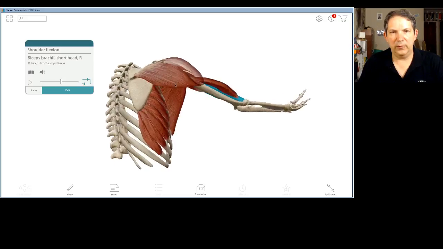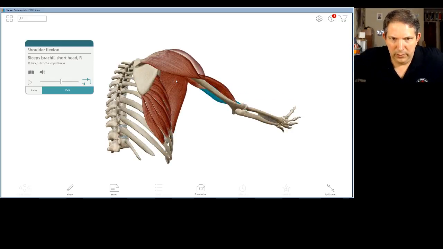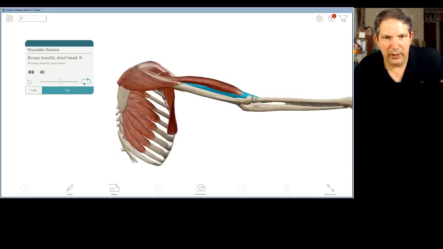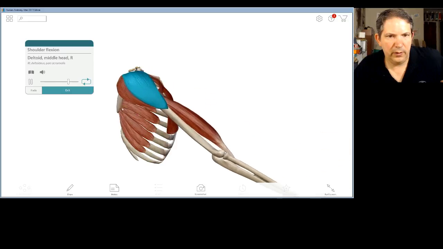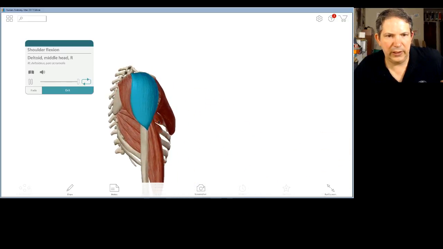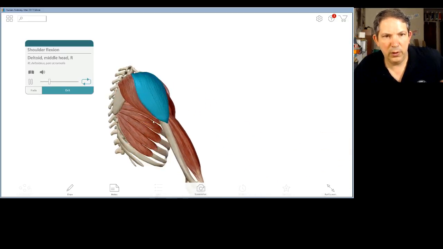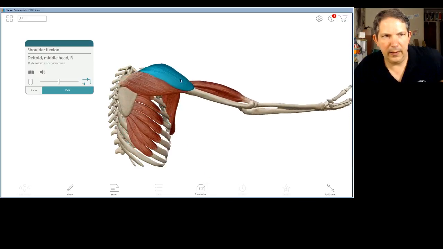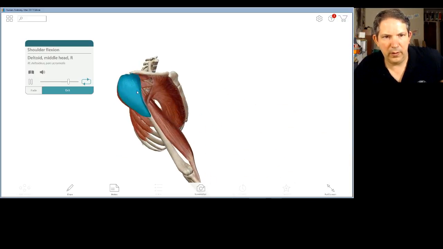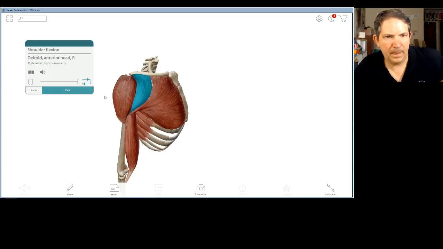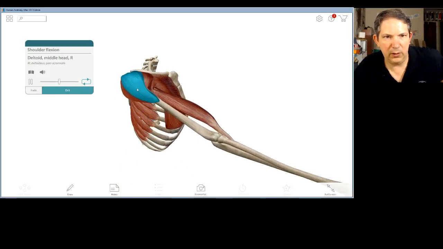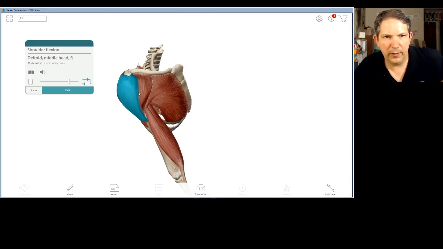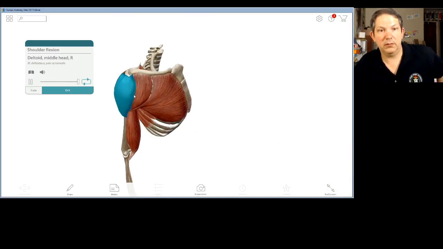What would you think of if you're trying to extend? Let's show the action again. This is a lateral view, and the anterior and middle heads of the deltoid, I think, are particularly involved.